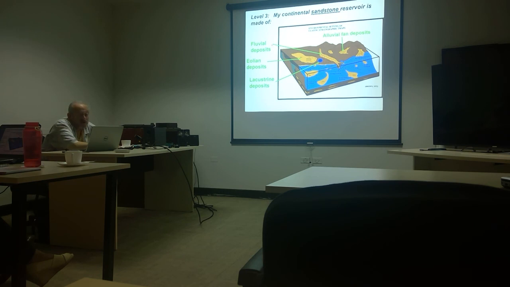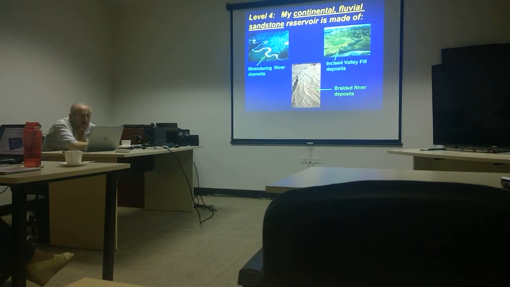Let's look at fluvial deposits as an example of level 4. Well, a fluvial deposit can be either a meandering river type, an incised valley type, or a braided river type. So that's level 4. And now we're getting more and more detail as we go down these different scales or levels.